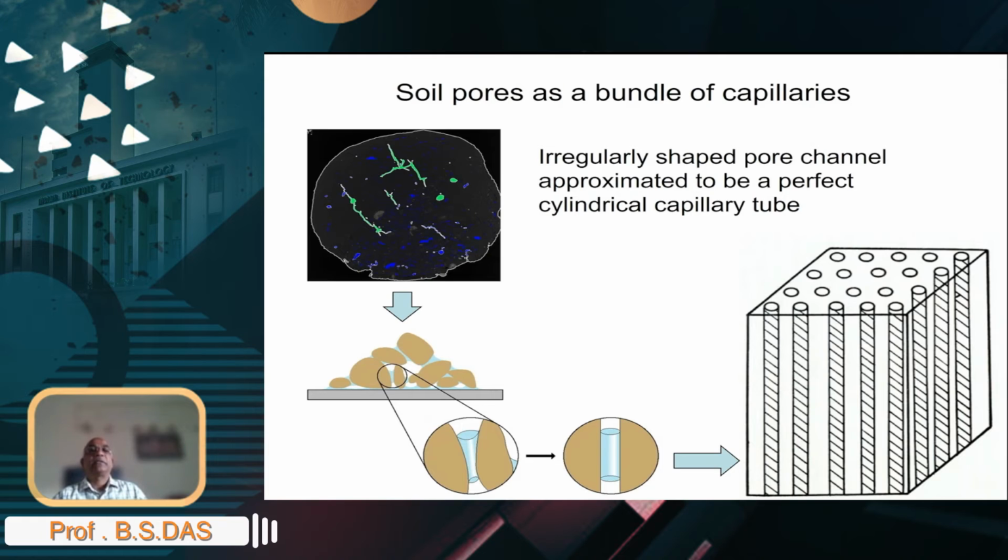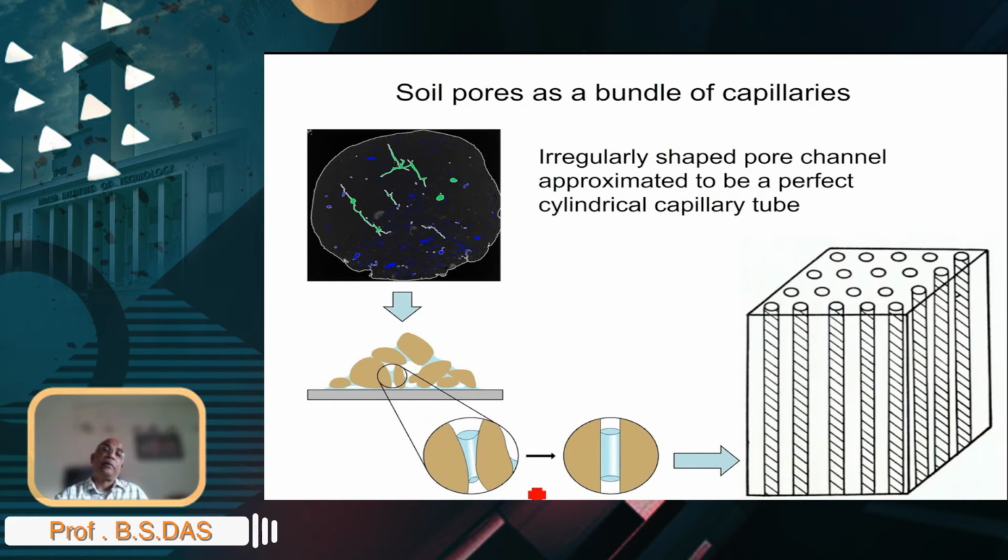The pore spaces in the soil are not straight capillary tubes, or you don't really get the shape and size of the pores. They are all kind of random.